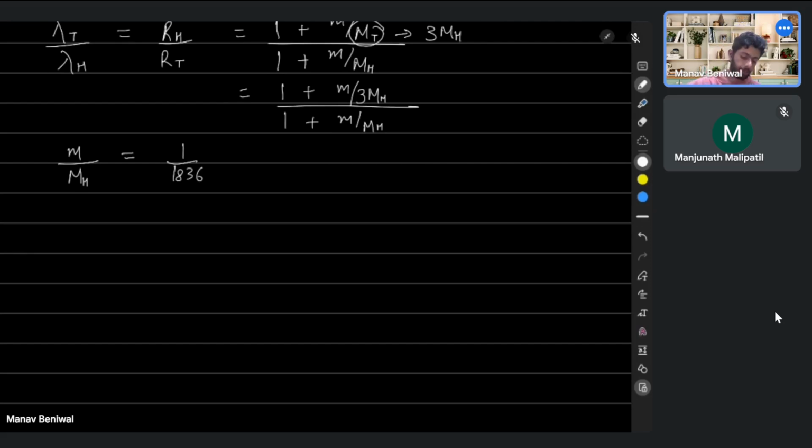A proton is 1836 times heavier than an electron, and when we plug this value in, we get lambda t over lambda h as 1 plus 1 over 3 times 1836, divided by 1 plus 1 over 1836.